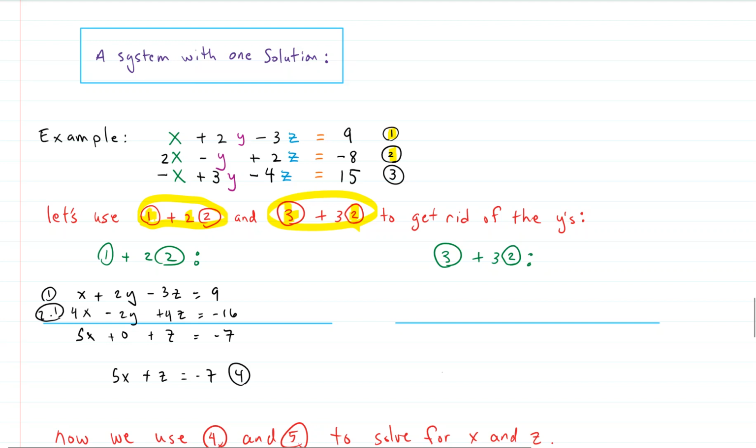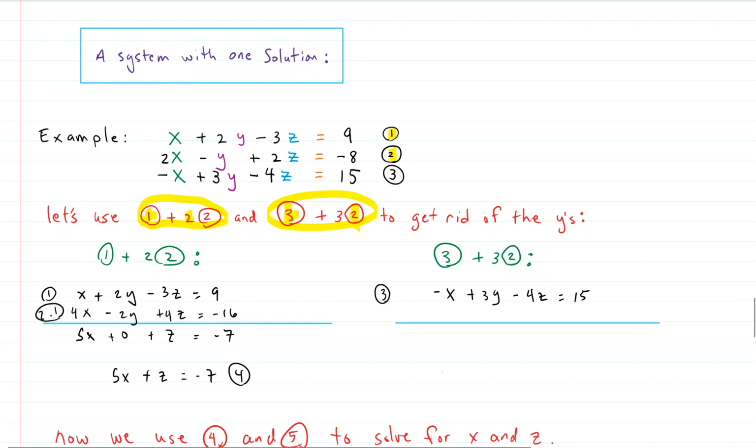Equation 3 is negative x plus 3y minus 4z equals 15.